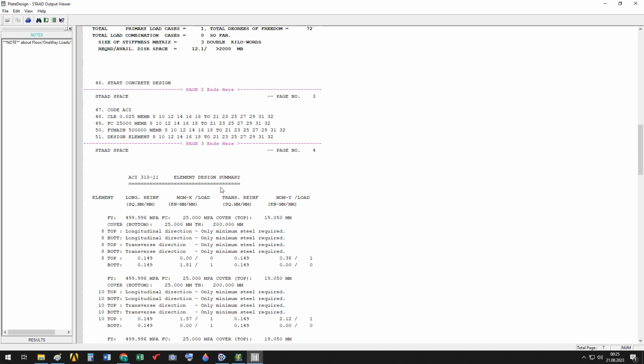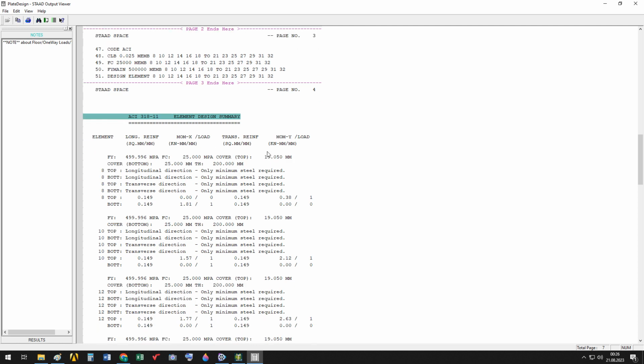Now in the output file, element design is done as per ACI 318. Start concrete design. For those members, clear cover of concrete at the bottom is given. Concrete strength is given. Yield strength of rebar is given, and design those elements. Those elements are starting from plate element 8 and ending with plate element 32.